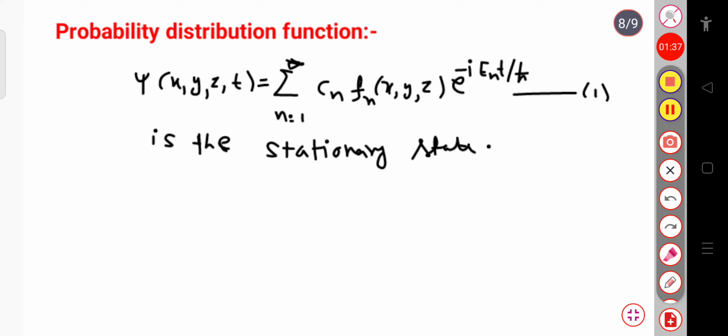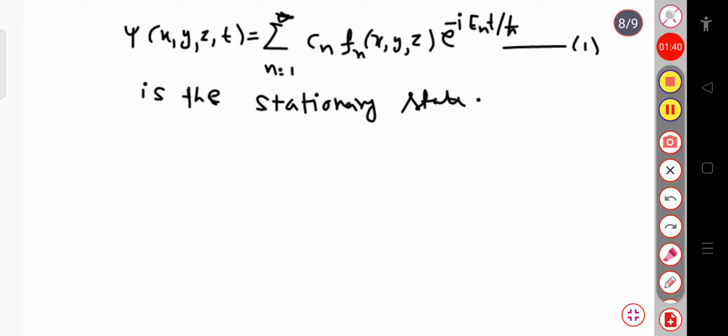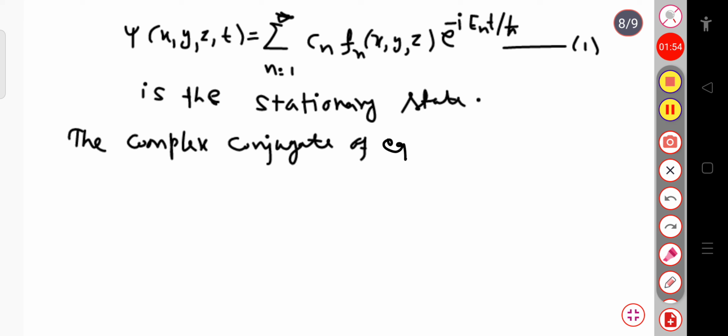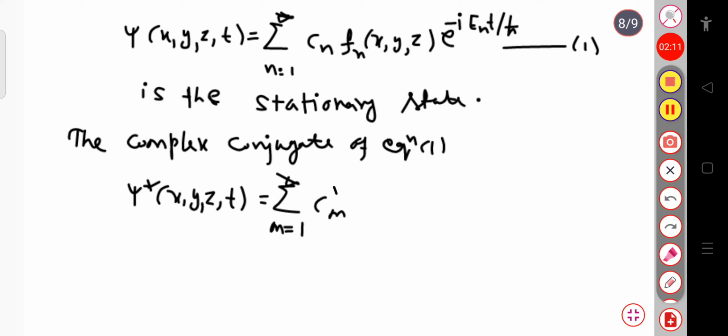Okay. So we can write the complex conjugate of equation 1 as psi star of x, y, z, t, which equals the sum over m equal to 1 to infinity of Cm star, Fm star of x, y, z, and the exponential of plus iota Em t divided by h cut.